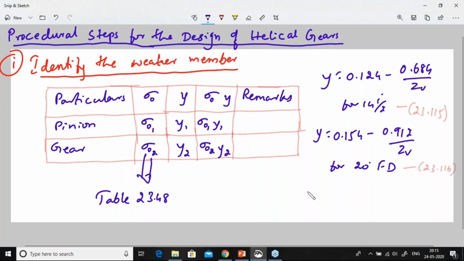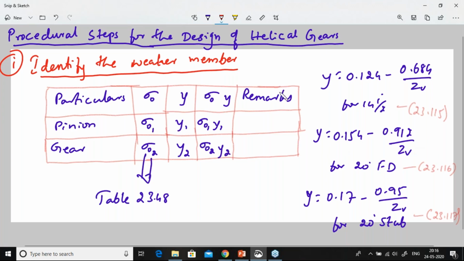Next, y is equal to 0.17 minus 0.95 divided by ZV. This is for 20 degree stub, and this equation number is 23.117. So depending upon the system of gear, we have to use the y equation.